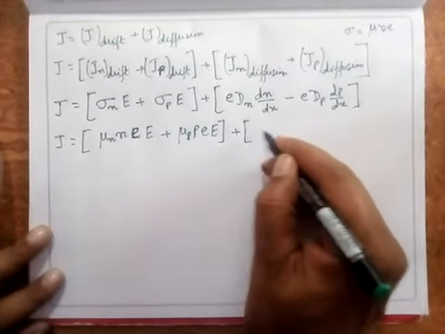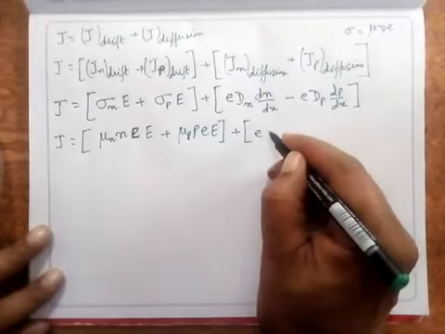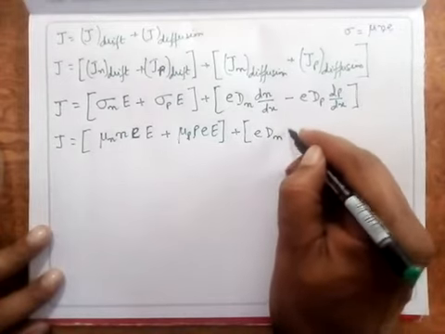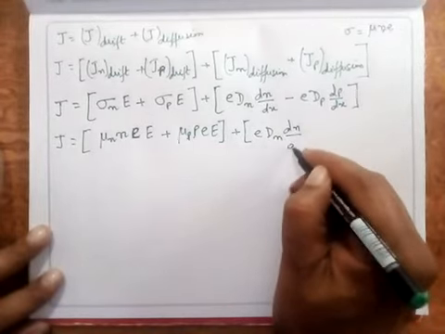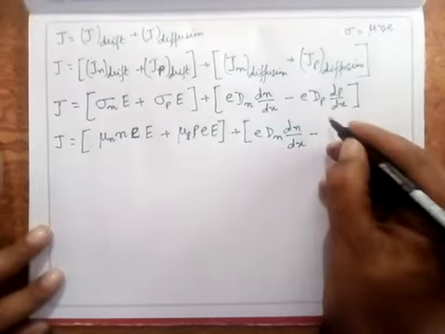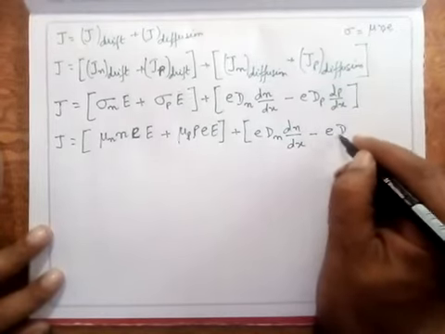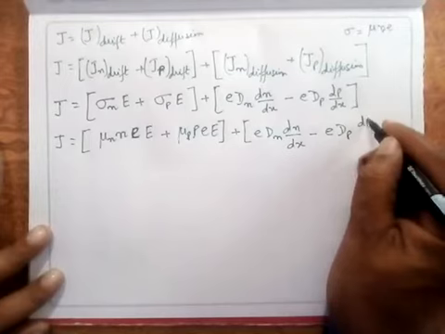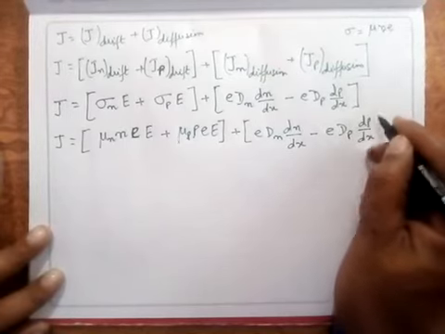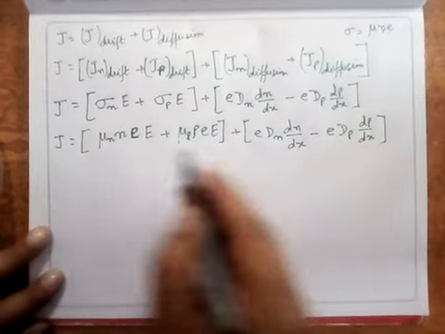I rewrite this again, E into dN upon dx minus E into dP upon dx, electron current and hole current. Now from here I can take something common.